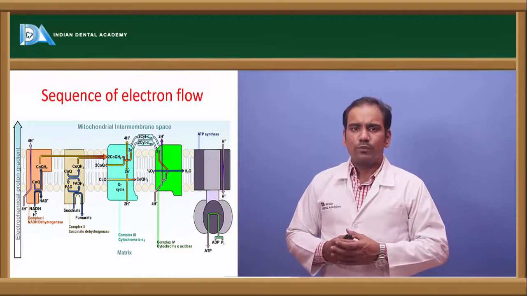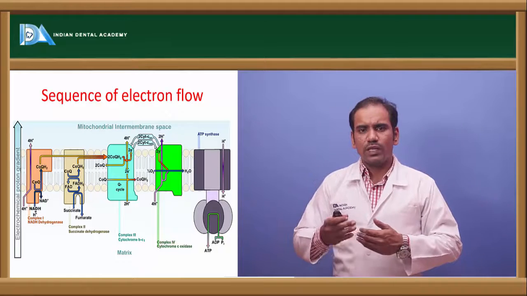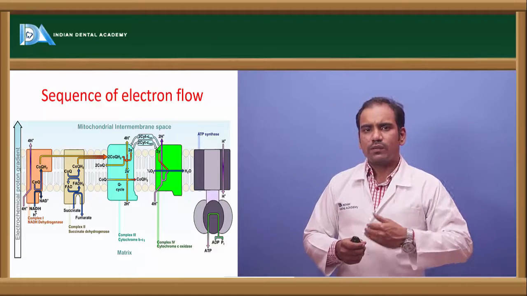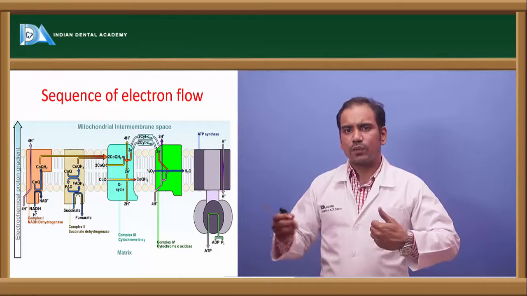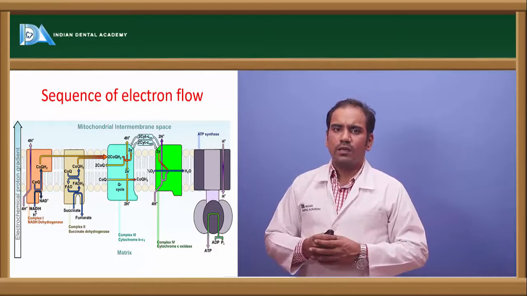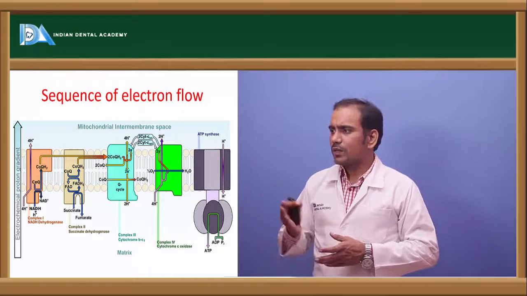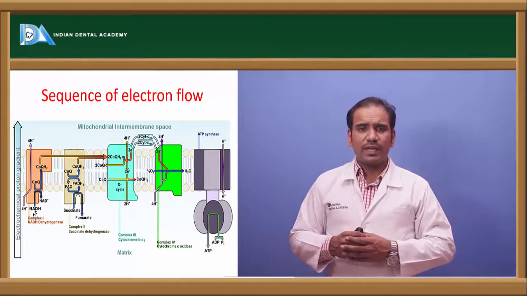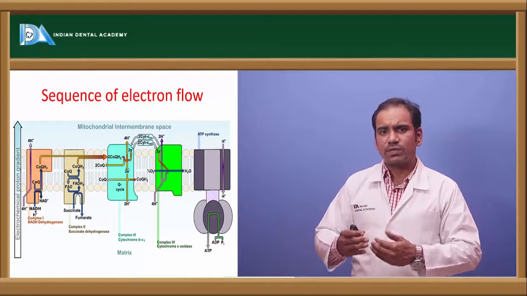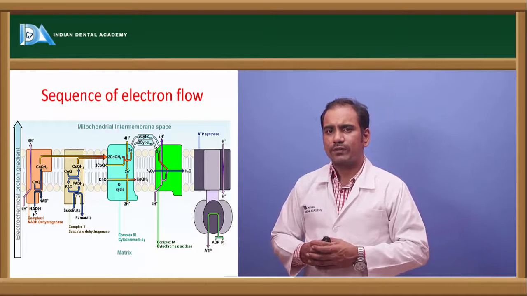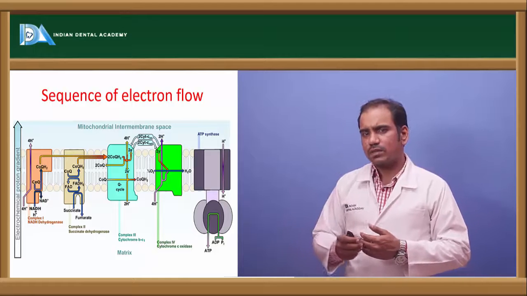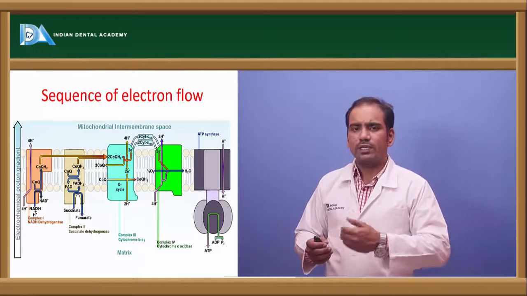And coming to the flow of electrons, how the electrons will flow. The electrons will flow from complex 1 to complex 4 and finally to oxygen, which accepts those electrons and is reduced to water. NADH transfers its electrons to complex 1. Once it transfers its electrons, it is oxidized.